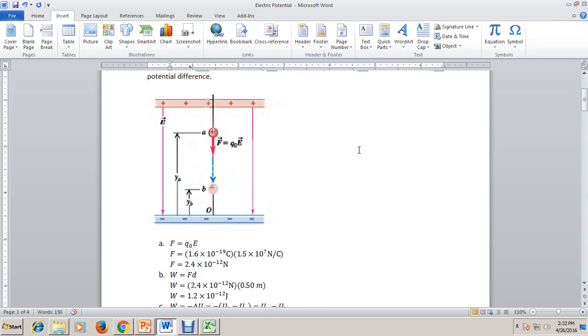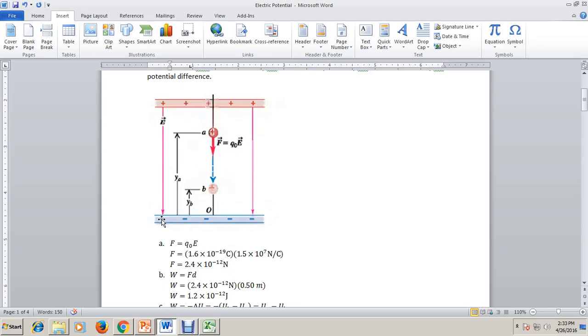Now, we can make use of this analogy by associating it with the movement of the proton from point A to point B. The natural tendency of the proton to move from point A to point B is due to the upper plate having a positive charge, and the proton also being positive. So the upper plate would repel the proton towards this direction.